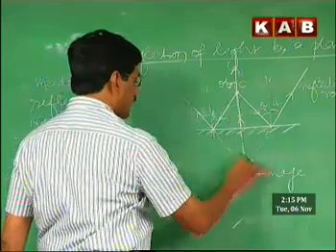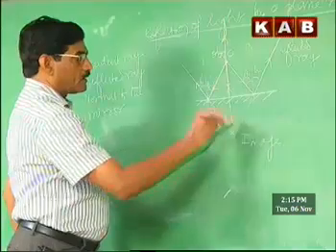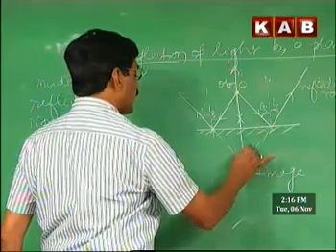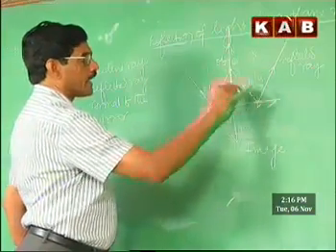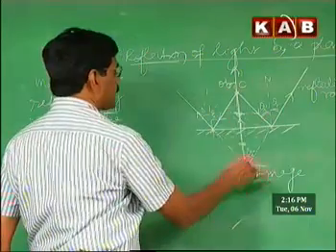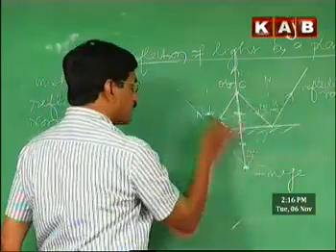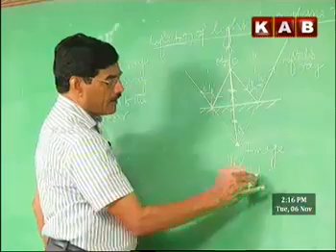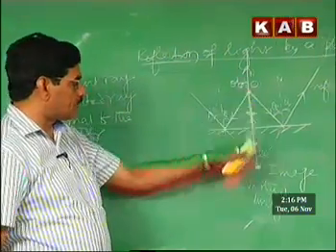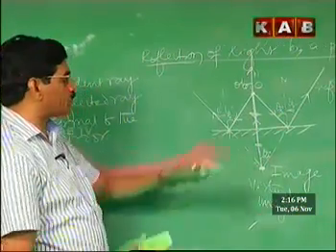We observe that this angle is equal to this angle, therefore this angle is also theta I. These are two similar triangles, and this length is the same as this length, which means the image is formed behind the mirror.